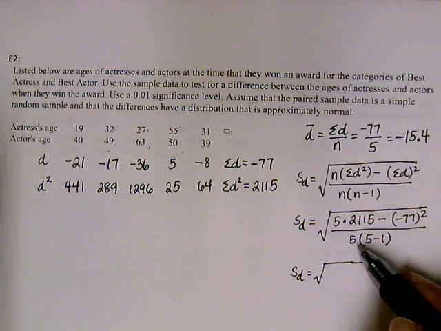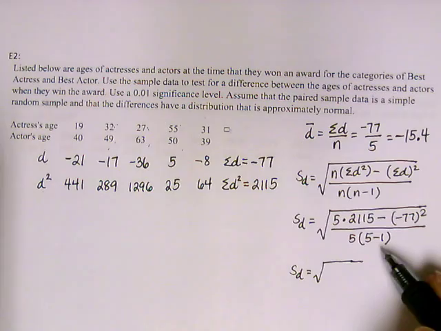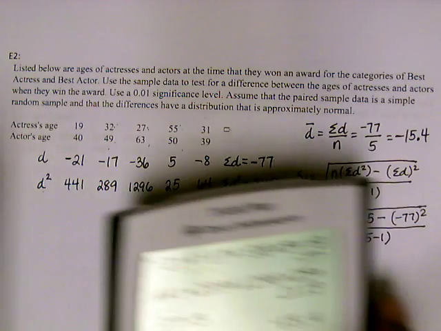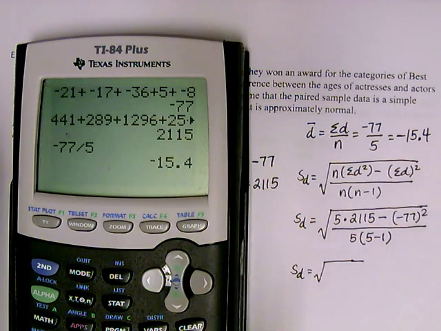Now I'm only going to simplify what's underneath the radical. Then whatever that is, I'll finally take that square root. Okay, so here's what I'm going to do. The numerator will be in parentheses, and that's going to be 5 times 2,115 minus, now for the negative 77, that needs to be in parentheses.